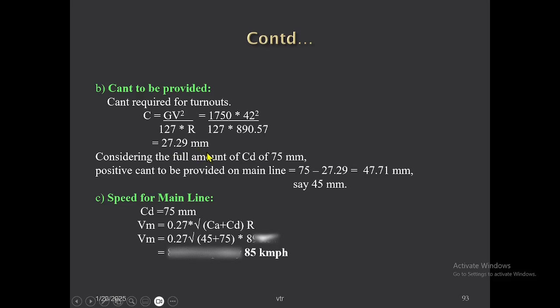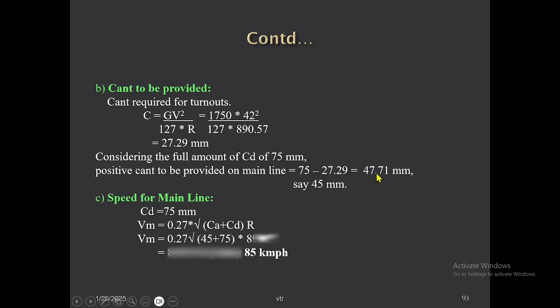Again, contraflexure, I already told you, we can permit a negative cant in the turnout so as to ensure positive cant on the main line. So availing the full cant deficiency of 75 mm, we are permitting a negative cant of 47.71 mm for the turnout side. Okay, and ultimately this will become positive cant for the main line.